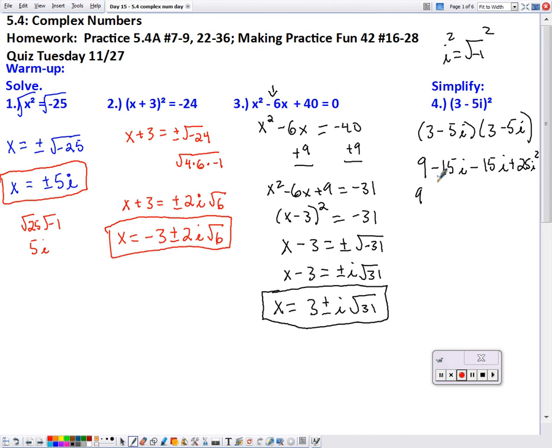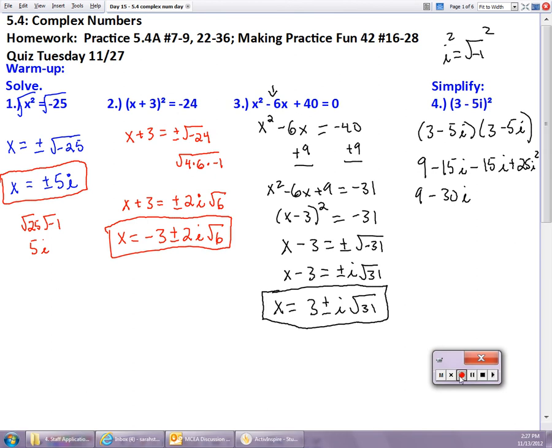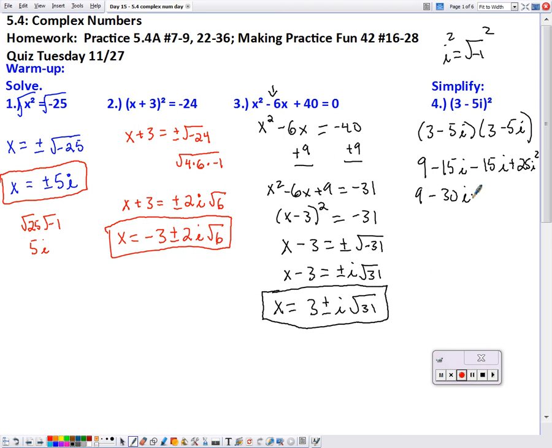And we've got 9 minus 30i, combining the 15s. And so then plus 25i squared becomes plus 25 times negative 1. So really here we have 9 minus 30i minus 25. So this is going to become negative 16 minus 30i.